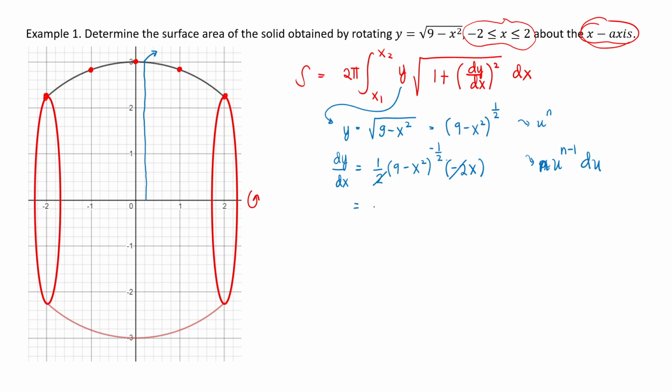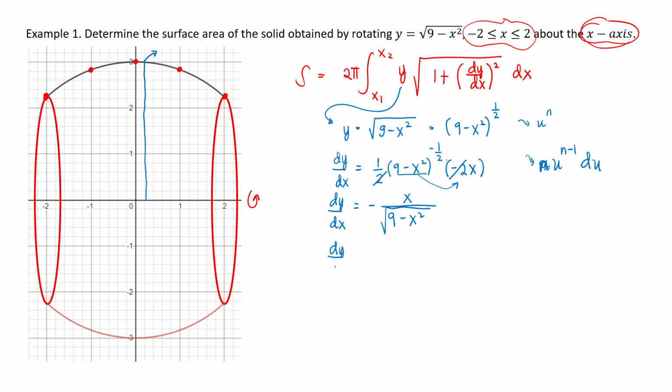So what is left is negative x all over the square root of 9 minus x squared. Okay, so that's what's missing earlier. So I forgot the derivative of the base, negative 2x.